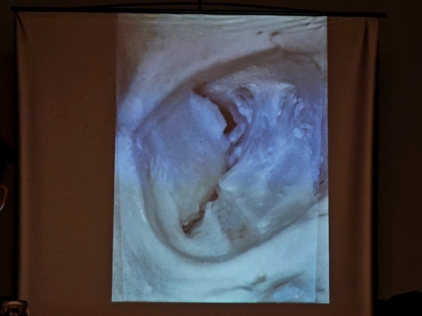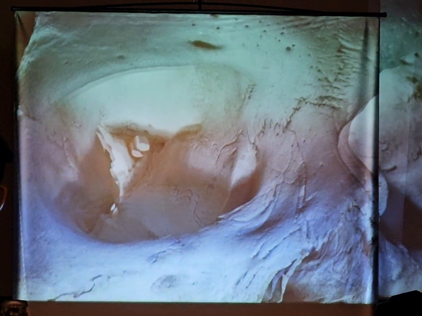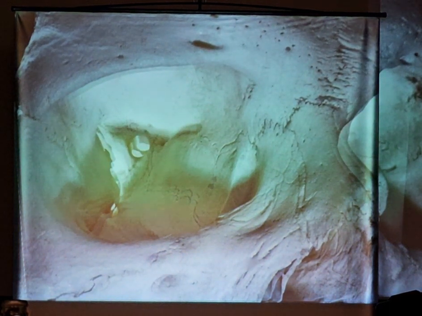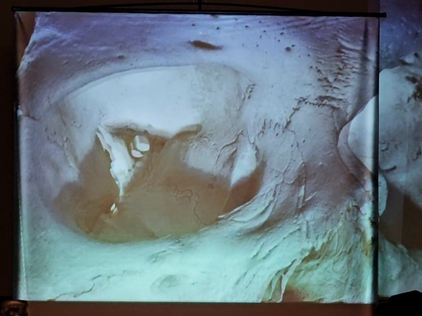I continue. The last one with this view. Again, the right anterior view.